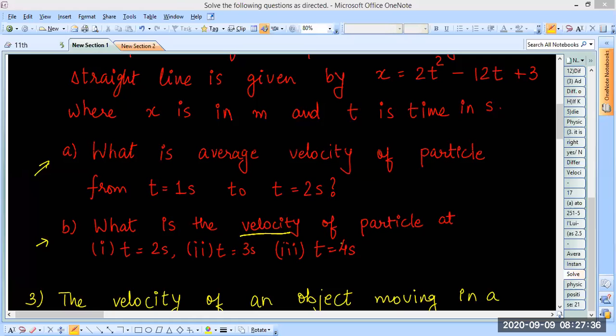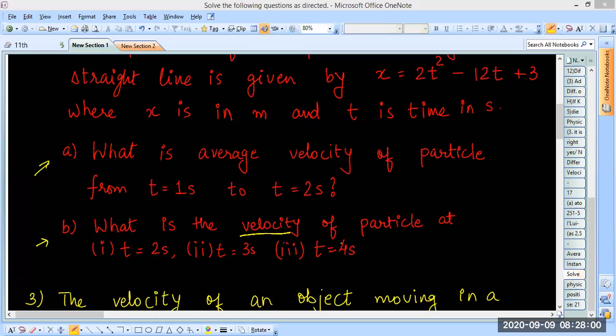Someone said displacement by time interval. That's wrong. I don't want to name you, but differentiation is required, isn't it? No, Gracie, not correct. Because this is velocity, not average velocity. Everyone, differentiation is required.